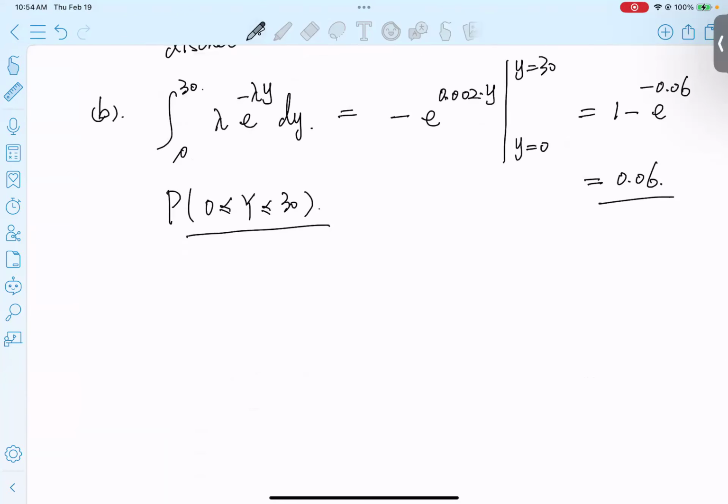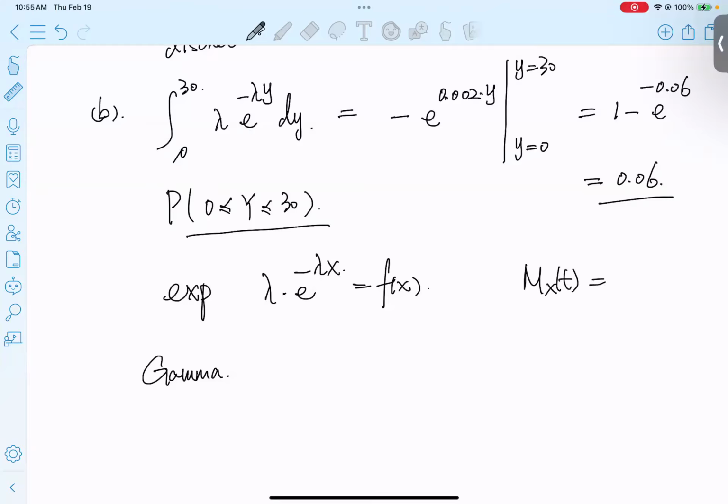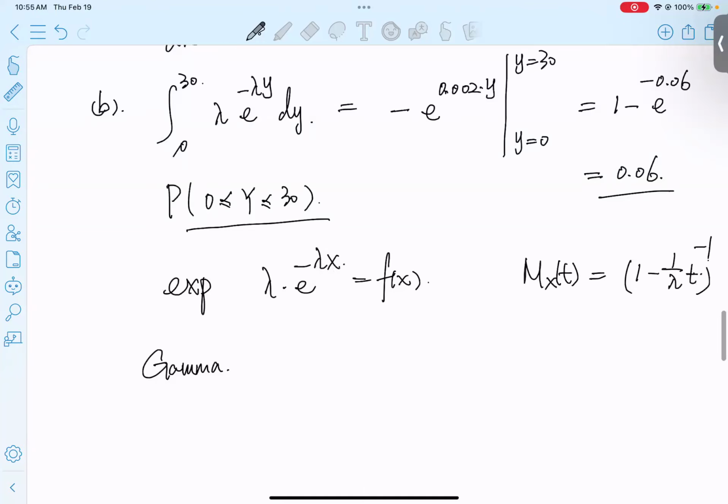So the exponential distribution has this density function f of x. Another thing is that you can also use the gamma distribution. Just to answer that question, the moment generating function of the exponential distribution, back then we provided 3 versions, and one of them is 1 over lambda t negative 1.